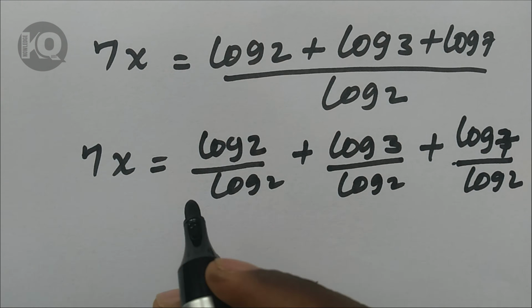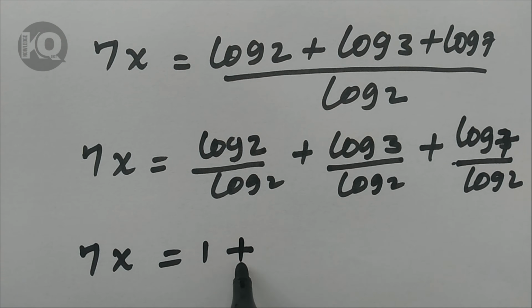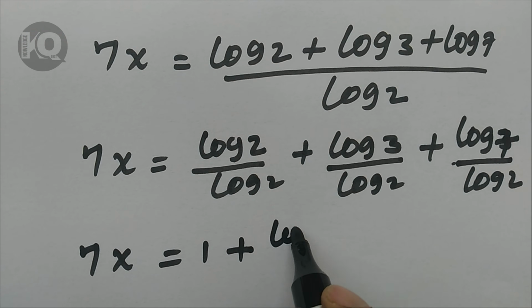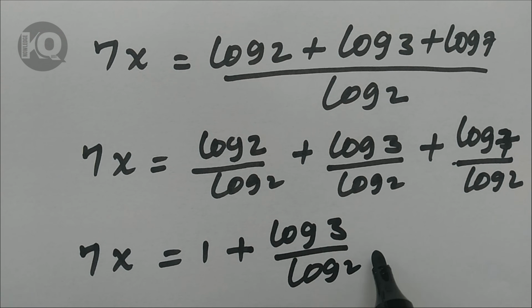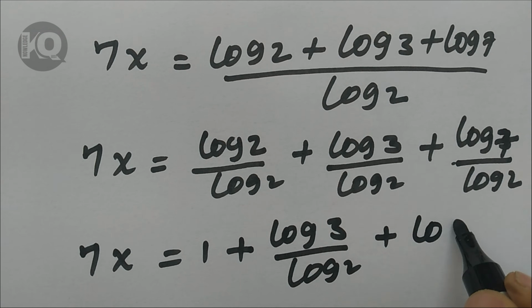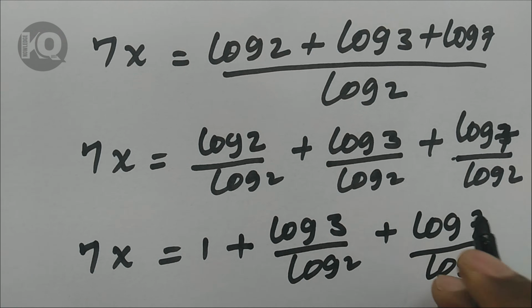Now log 2 divided by log 2 is equal to 1, plus log of 3 divided by log of 2 plus log of 7 divided by log of 2.